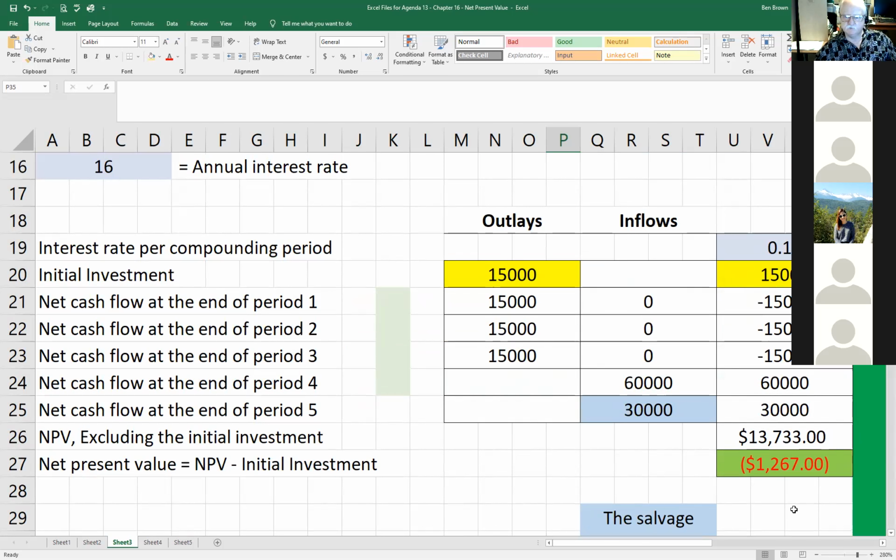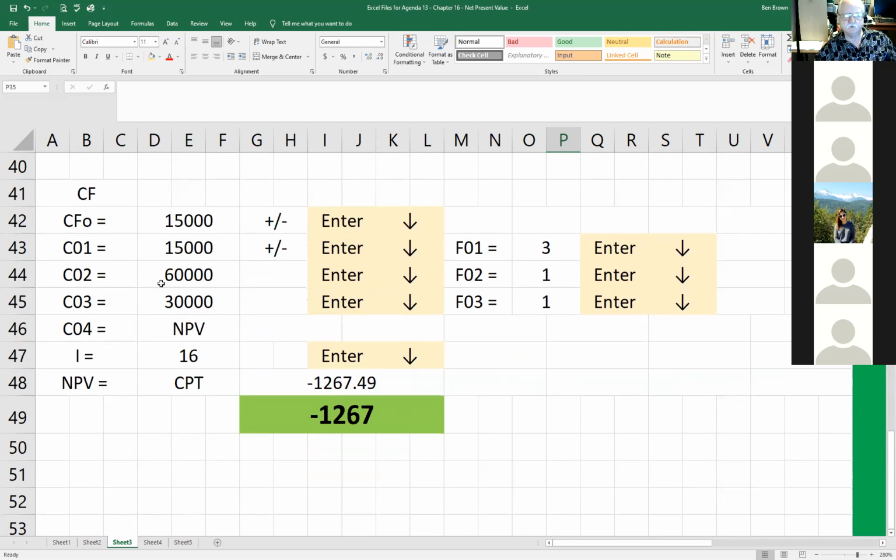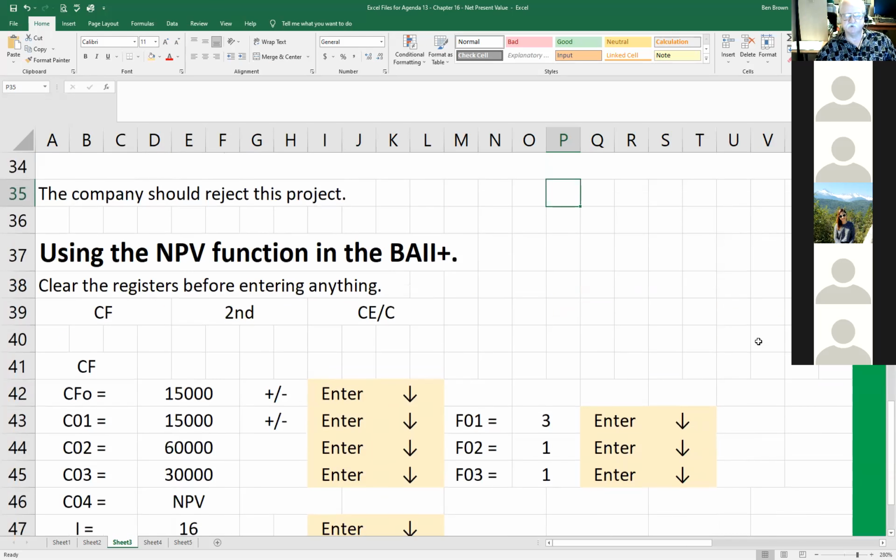When you do it on the BA2 Plus, you're only dealing with the last column. So it makes it much easier if you've looked at it in Excel, and then you try it on the BA2 Plus. But it's not impossible to calculate these by hand quite easily without doing them in Excel.